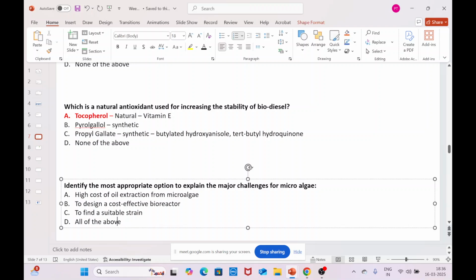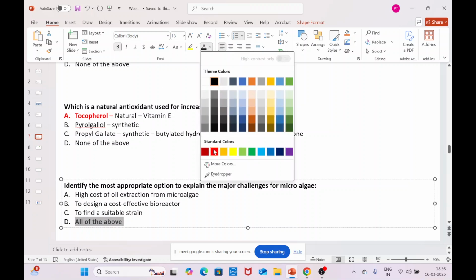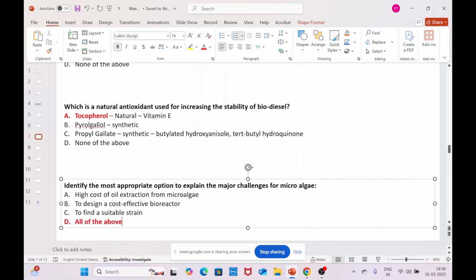All of the above, because the reactor needs to be cost efficient, and the oil production process design should be cost efficient, and after that it is the type of microalgae, as we discussed previously, it should have the ability to generate a higher lipid content. That particular variety is also an important challenge for the production of bio oil from microalgae.